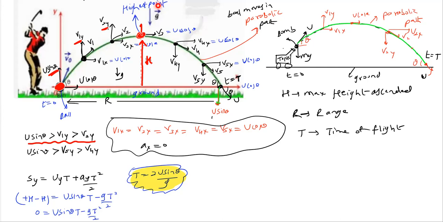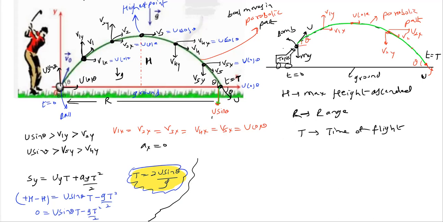So we'll apply the equations of motion between the point of striking and the highest point. I don't have place, so let me use only these things here. Let me adjust.